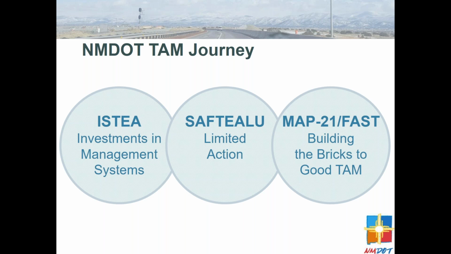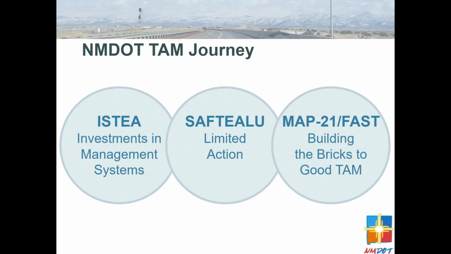So our TAM journey, I think as with most DOTs, we look back at ISTEA that was passed in 1991. That's where Federal Highways first implemented the different management systems, and there were 6 different management systems, and the 2 main ones that we look at are our pavement and bridge management systems, and our pavement management program has pretty much evolved and really taken a new direction since 2013.